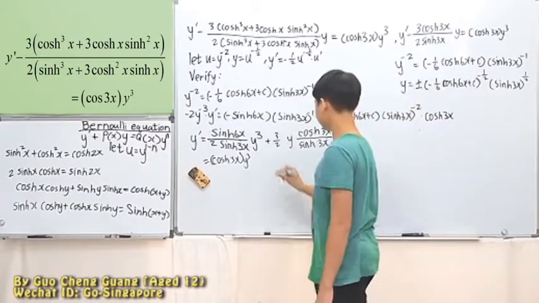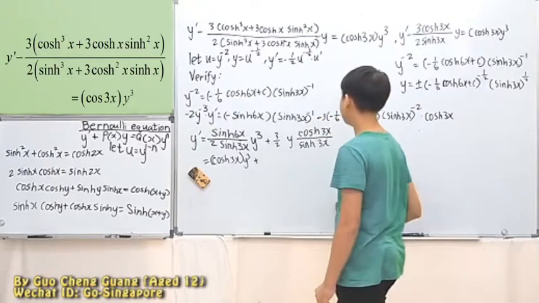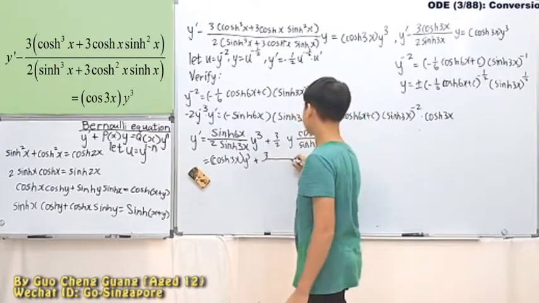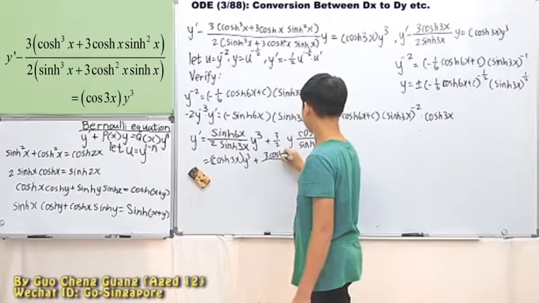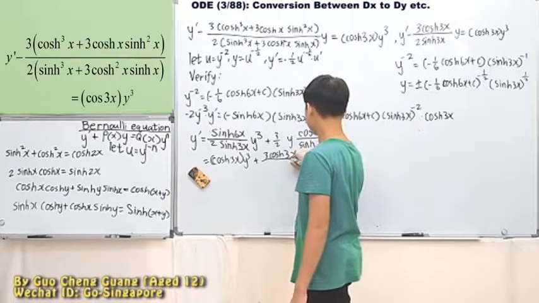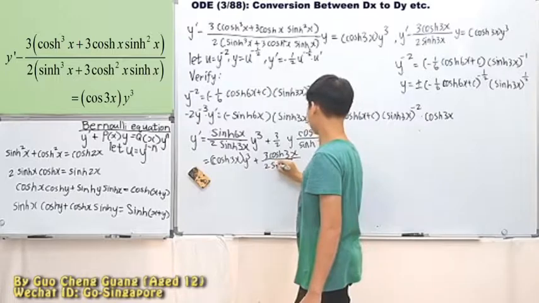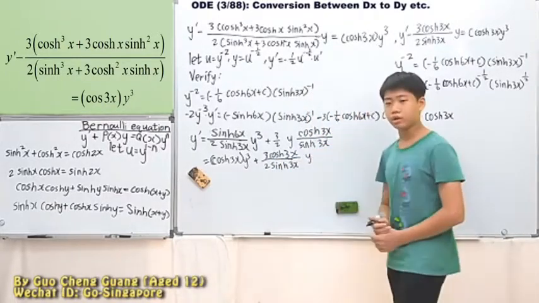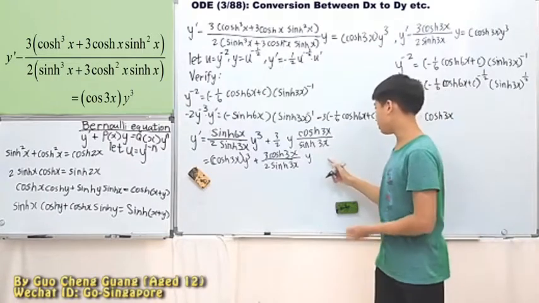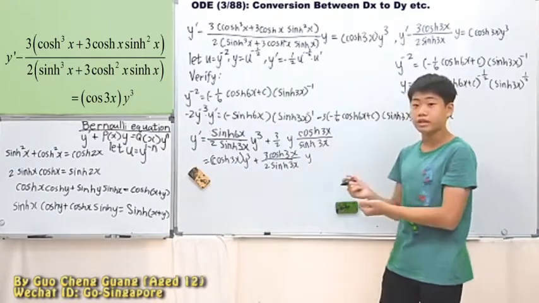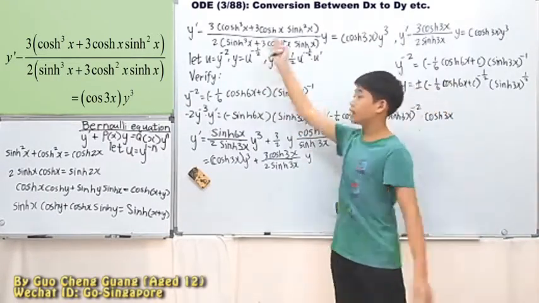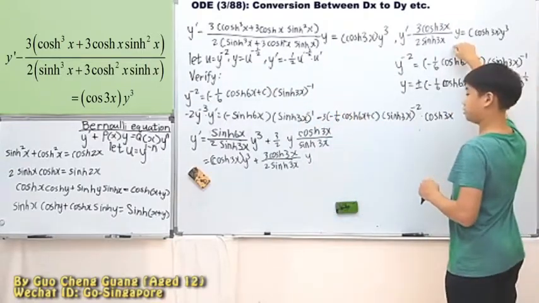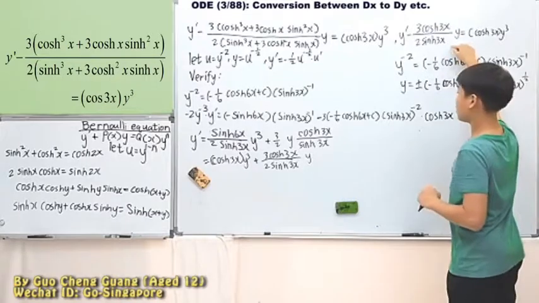Next part. Let's just combine these together. But you might just be wondering, wait, why are you only combining them together instead of straight away trying to get this? Now this is when this part actually comes in use.